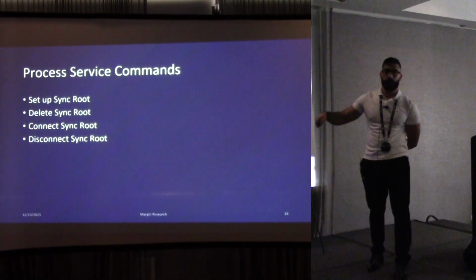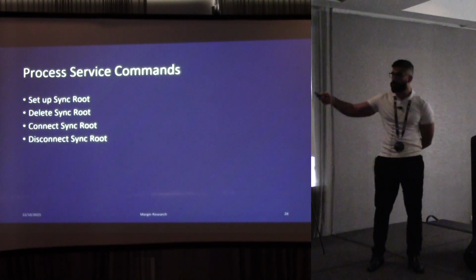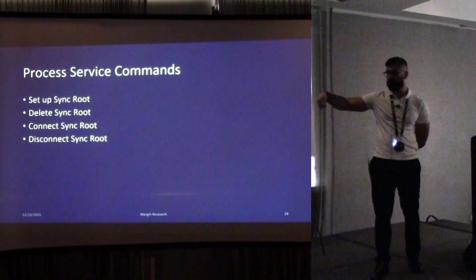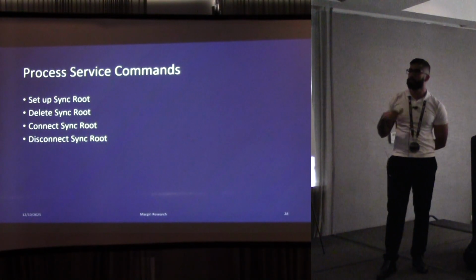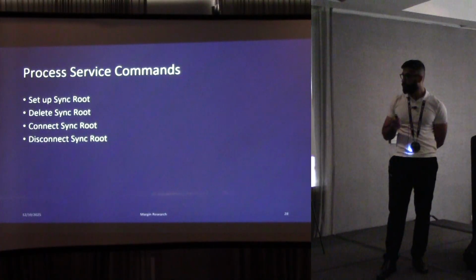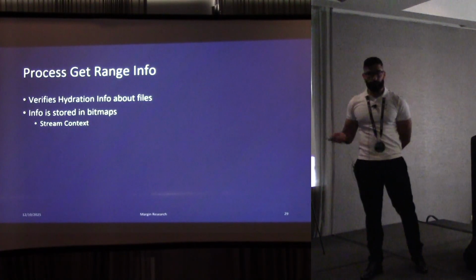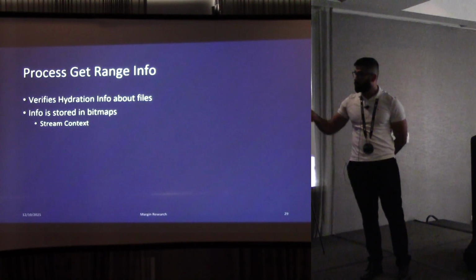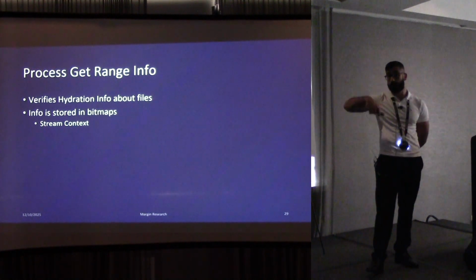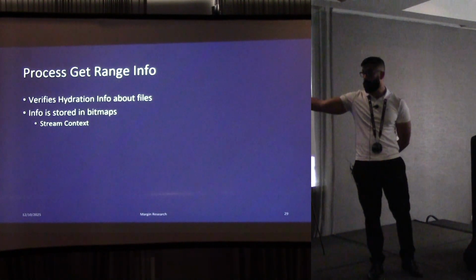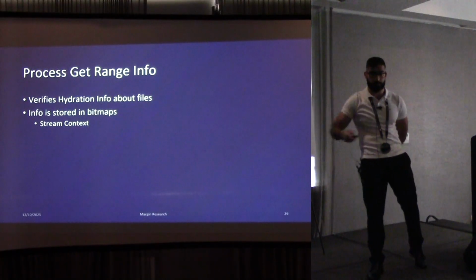Service commands, this part of the message port gets used to set up your sync root, delete it, connect and disconnect. So various state-related operations. Range info, we already talked about that, and the specific information about which offsets are hydrated versus not hydrated, they're stored in bitmaps, which are stored in the stream context.